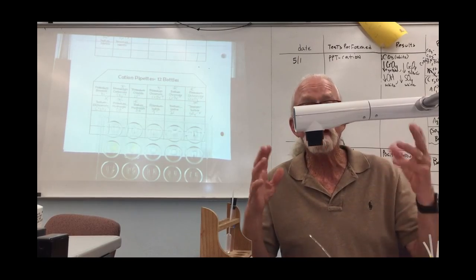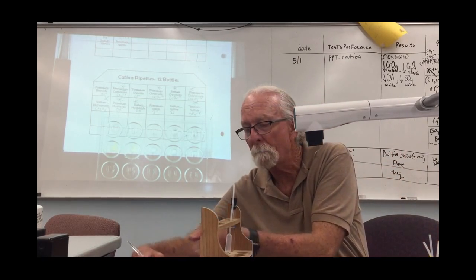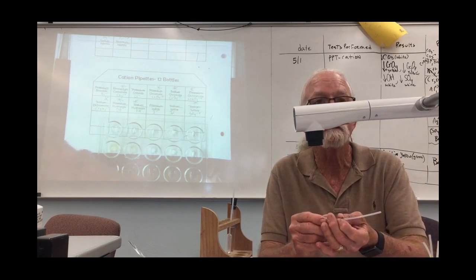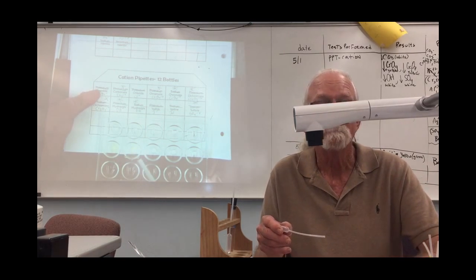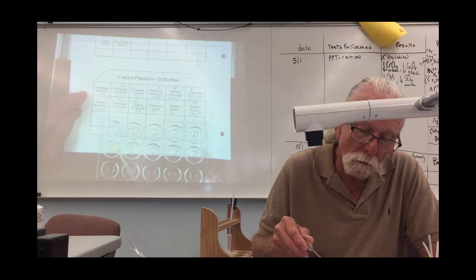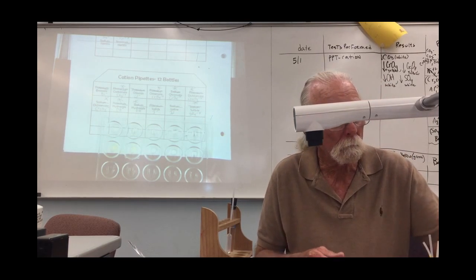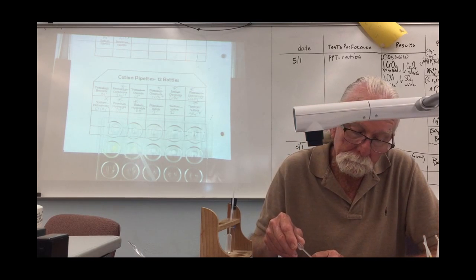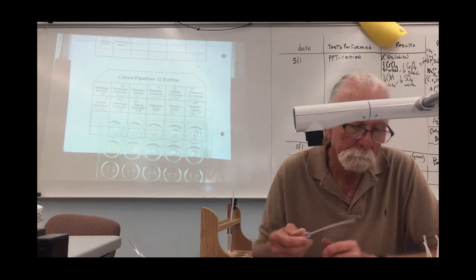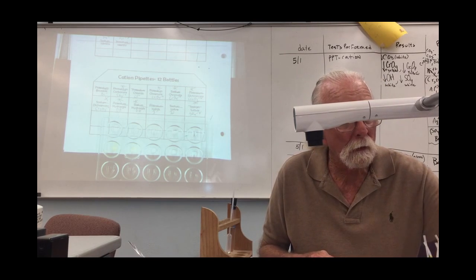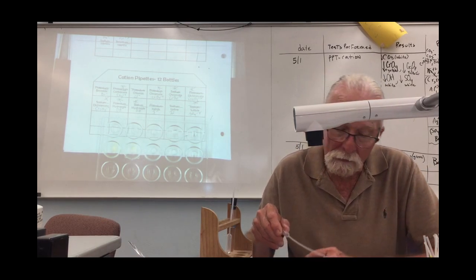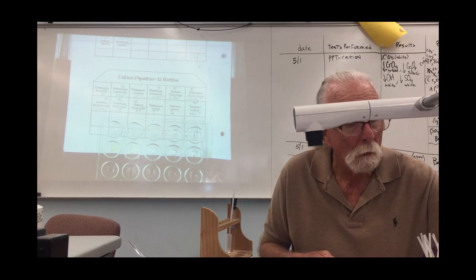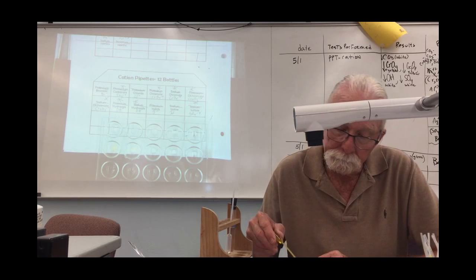Now I'm going to take one by one and I'm going to add them in order. This is my unknown with bromine. This is my unknown with carbonate. This is my unknown with chloride. This is my unknown with chromate.